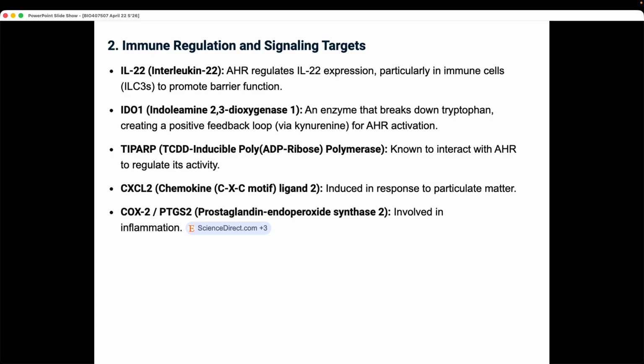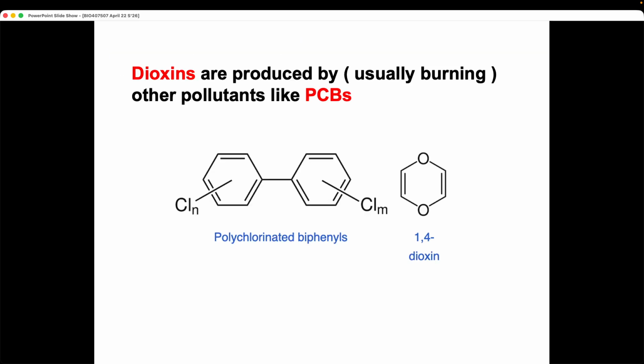A famous effect of PCBs and dioxins is immunosuppression, reducing the ability of the immune system to fight off infections of any kind. That's a classic problem with these chemicals.